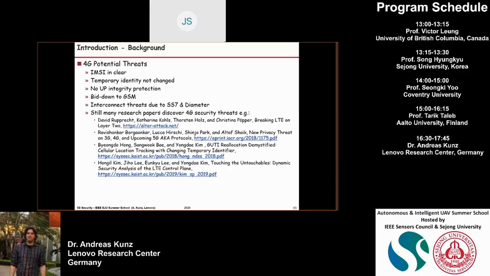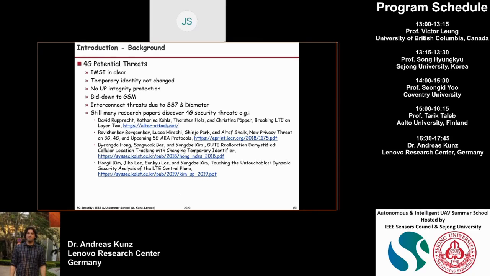We had the issue that due to some implementations, the temporary identity TMSI was not changed. There was a so-called WhatsApp attack. You could type or store the telephone number of your victim in your phone and just observe the paging messages of the gNodeB, and the temporary identity won't be refreshed. So you could basically track your victim.